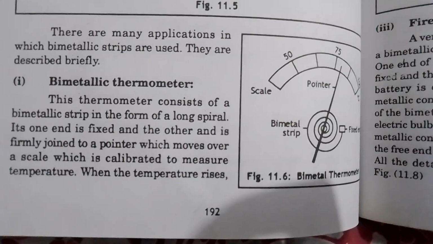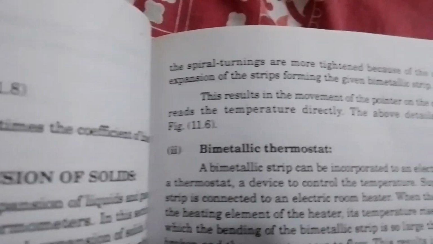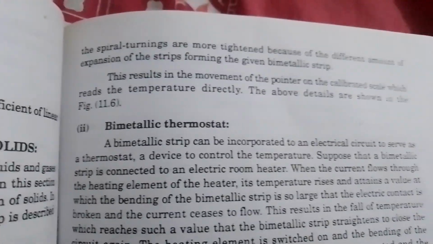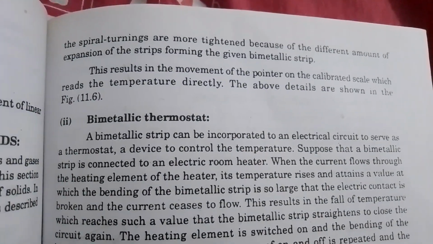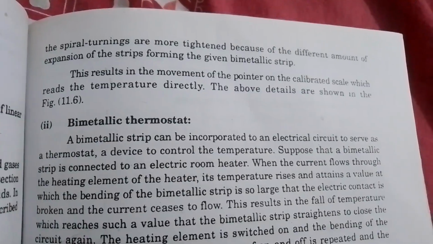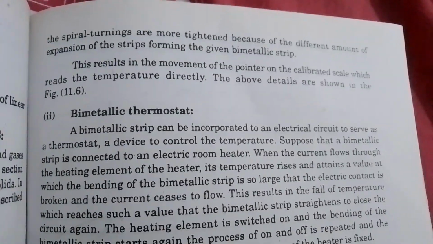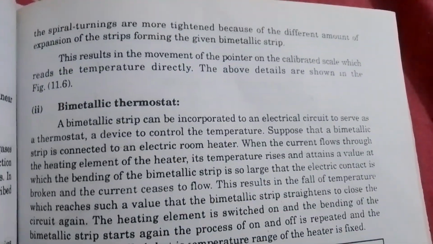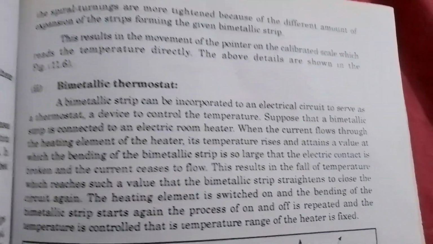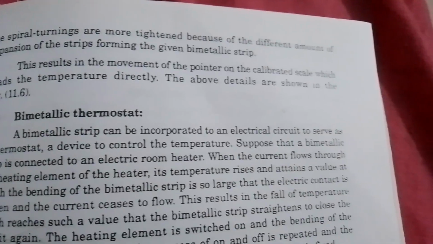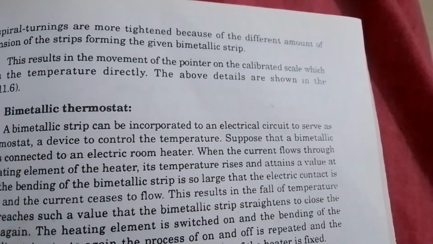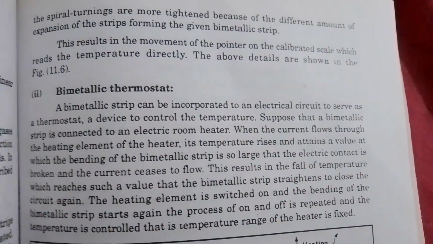When the temperature rises, the spiral turnings are more tightened because of the different amount of expansion of the strips forming the bimetallic strip. This results in the movement of the pointer on the calibrated scale, which reads the temperature directly. The above details are shown in the figure.